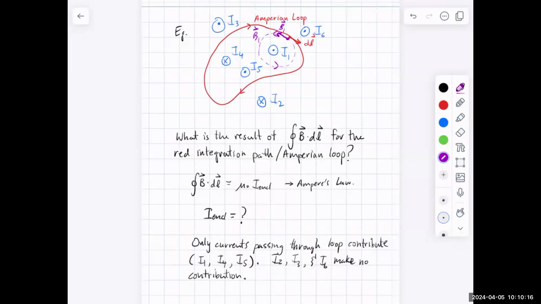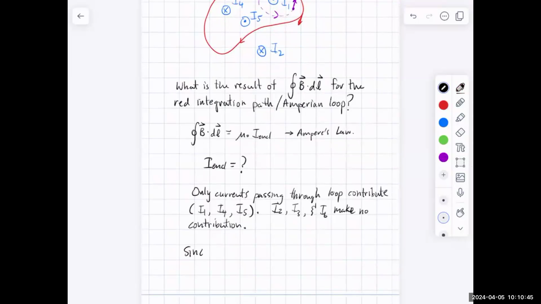Cosine 180 degrees is negative. And so I could pick other parts. Over here, the magnetic field would be kind of in this direction, and then our integration path in that region of space is going sort of downwards. Again, it's kind of anti-parallel. And so the current I1 is going to make a negative contribution to the integral.